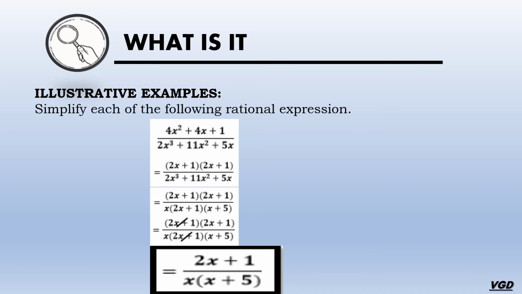Therefore, the simplified rational expression of 4x squared plus 4x plus 1 over 2x cubed plus 11x squared plus 5x is 2x plus 1 over x times the quantity of x plus 5.